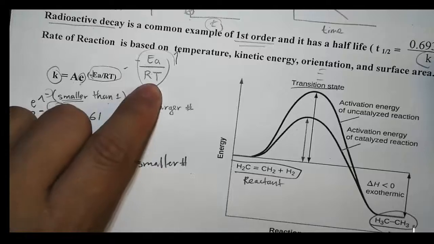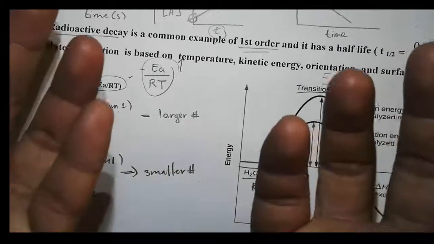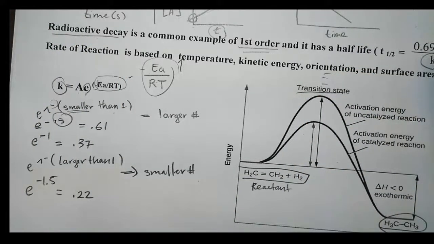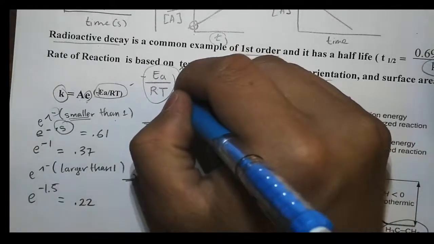We have another variable right here, T. Let's talk about T. T is your temperature. If you're increasing the temperature, you're increasing the collision of the molecules. Of course, your reaction rate will be faster. But in terms of K, you have to realize that K is the rate. So let's look at the mathematical terms.